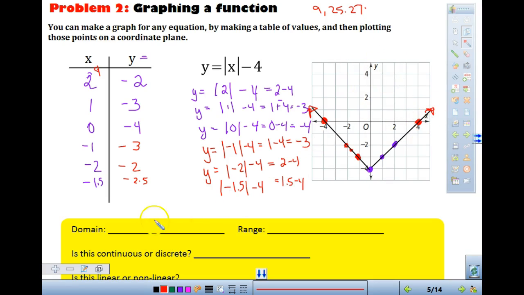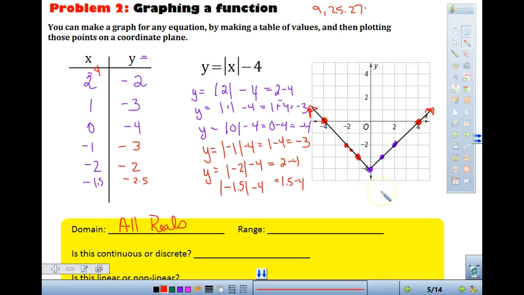Then it's going to ask you, what's our domain? So our domain for this, what are our X values that we can put in? We can put in fractions and decimals, right? We have these arrows on here from that worksheet earlier that I handed back. What would you say our domain is? Our domain is all real numbers. Our range is not all reals.